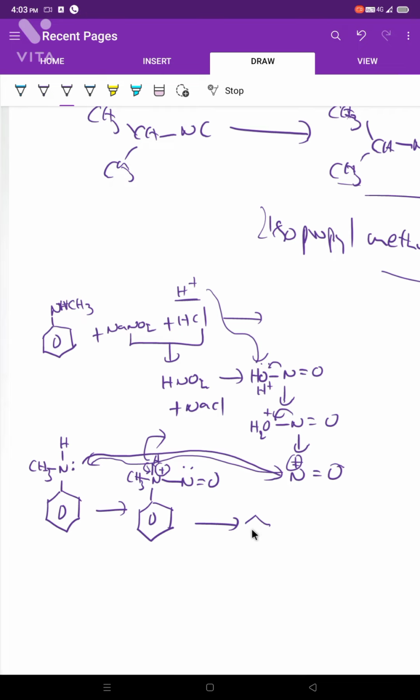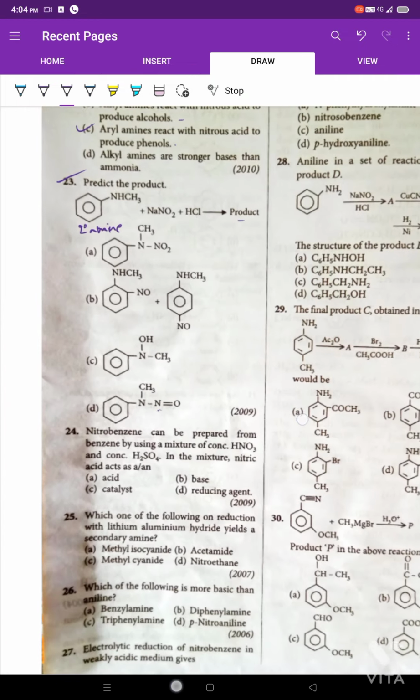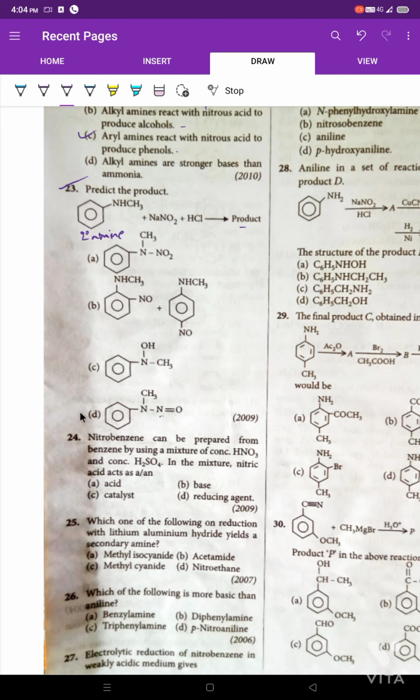Then you can get the compound like this, with CH3, and the nitrogen has a lone pair of electrons. Let us see which is the correct answer. So this is the correct answer.